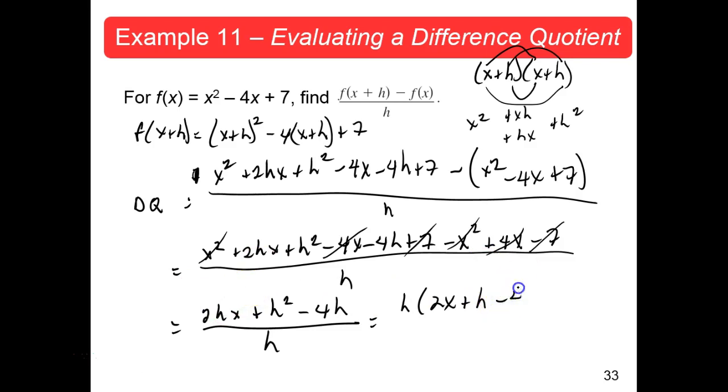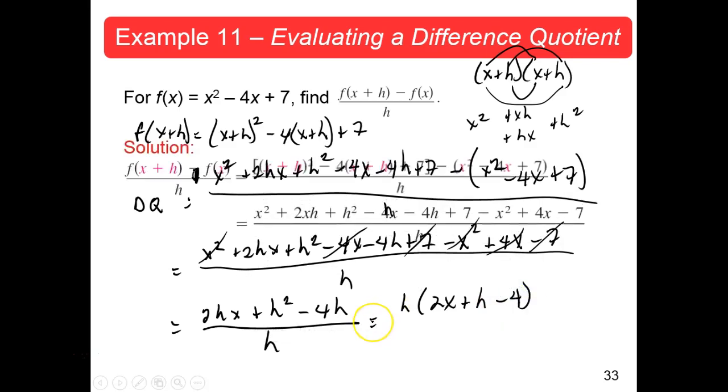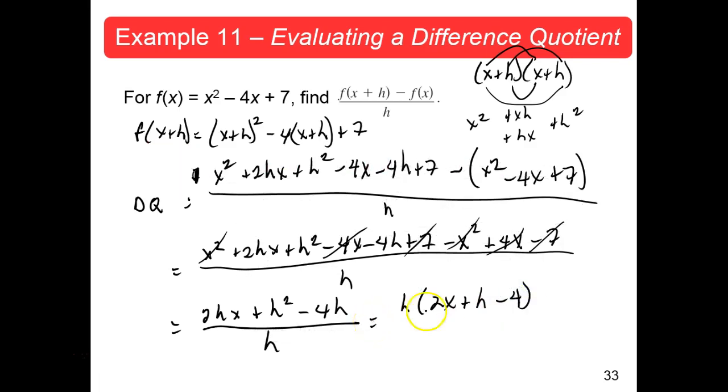Minus 4. All divided by h. And now guess what we can do with the h's? Divide them away. So what's your difference quotient? Your difference quotient is 2x plus h minus 4.